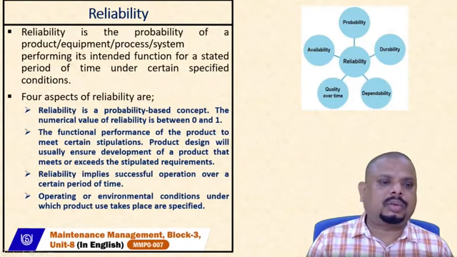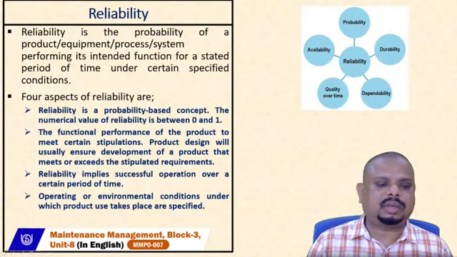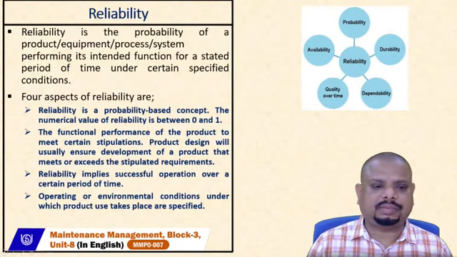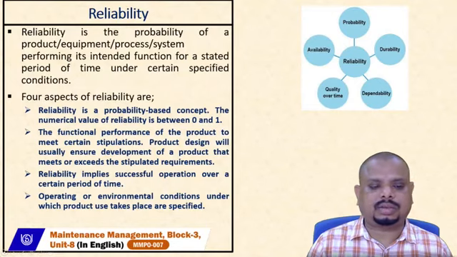Whenever you go for the details of reliability, you have to understand the four aspects of reliability. Reliability is a probability-based concept. The numerical value of reliability should lie between 0 and 1. This is the first aspect. The second aspect is the functional performance of the product to meet certain stipulations.